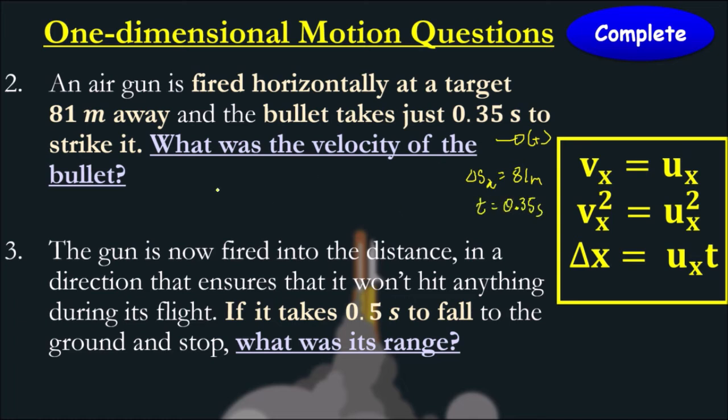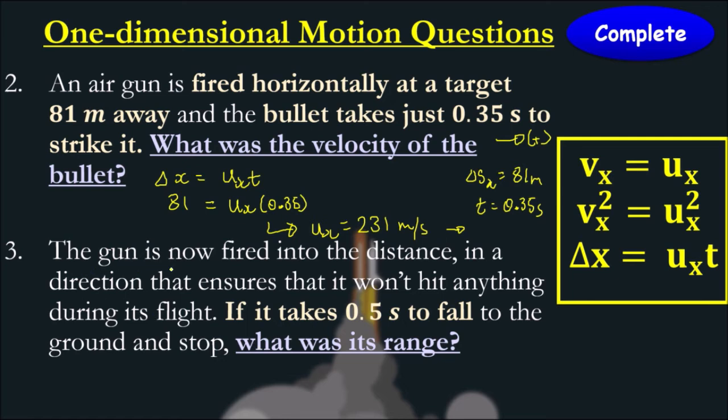So that's our formulas there. If we substitute the values in straight away, ux is going to equal around 231 meters per second. And it's going in that direction, assuming that's what we assumed originally.